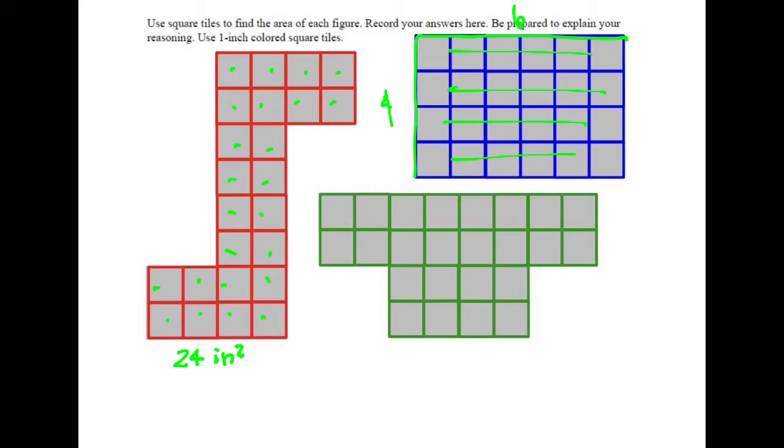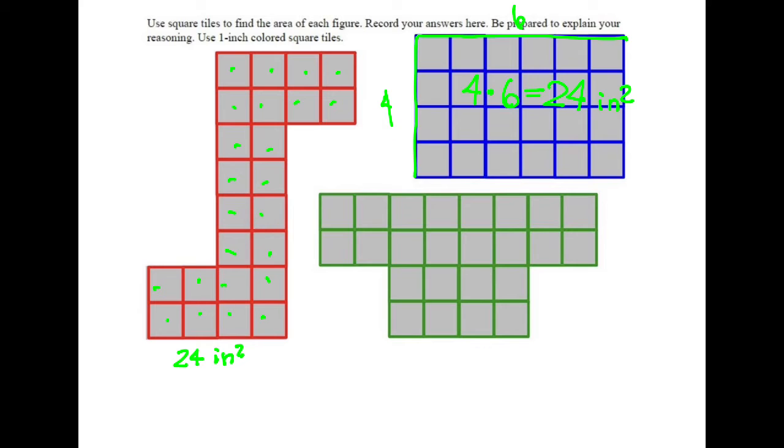That's repeated addition. In other words, multiply. So 4 times 6, there are 24 squares here, and each square is 1 inch squared. So 24 inches squared.